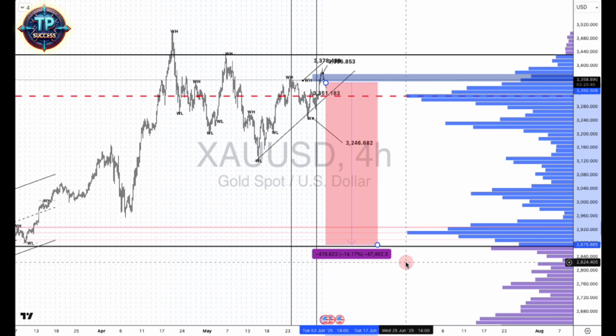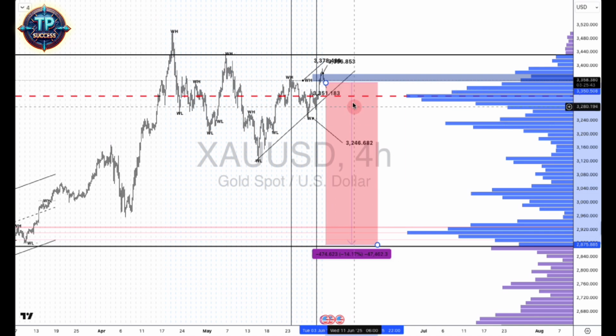So as it stands, there is more potential to the downside than there is to the upside in this small macro move we're looking at, right? Because you have to bear in mind, overall, gold is moving up. It is an asset that moves upwards, right? So with that in mind, if you can get the price down here, this is where you want to load up from, in my opinion.